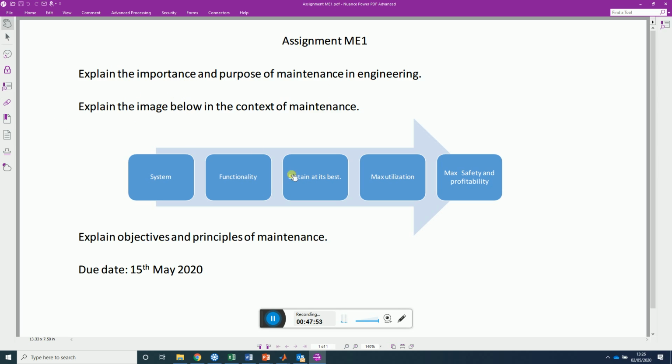Explain the image below in the context of maintenance engineering. Just like I have expanded on this, I want you to give me your understanding of what you think this is, and explain the objectives and principles of maintenance.